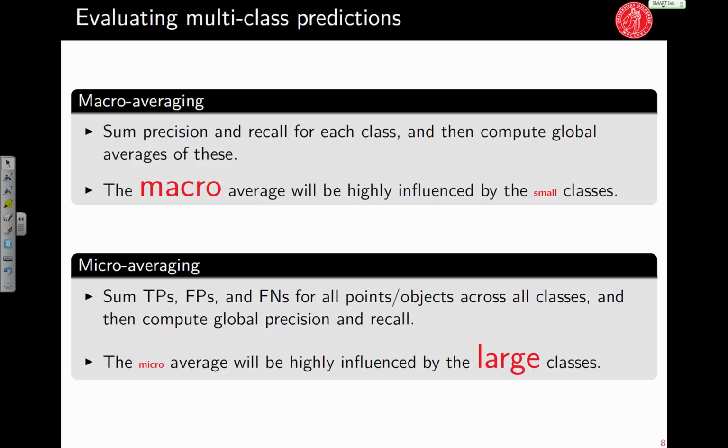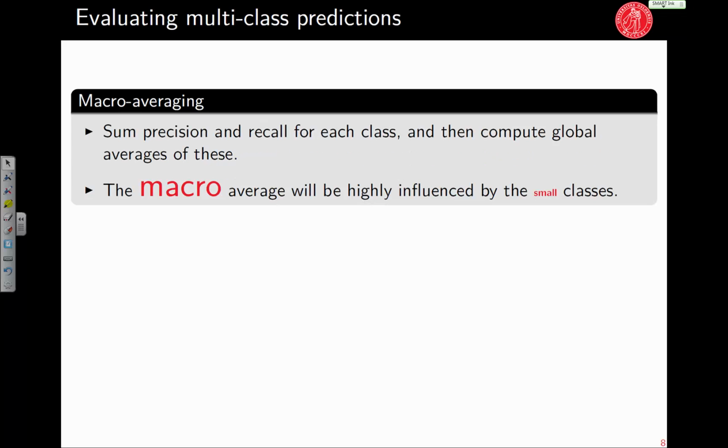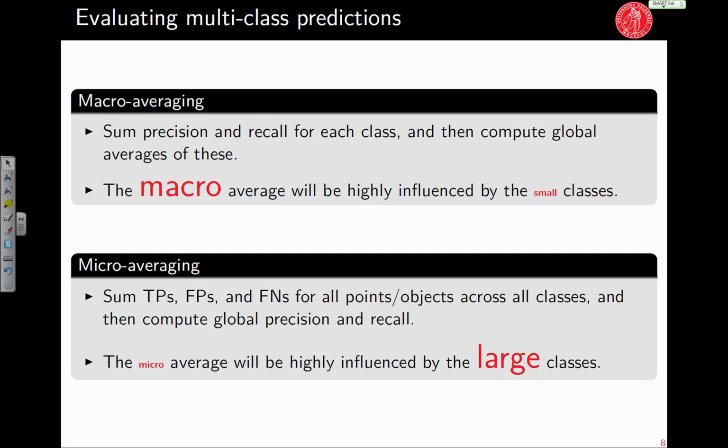What's the point? Because you can't use these measures immediately with multi-class classifiers. So you need a way to combine precision and recall.